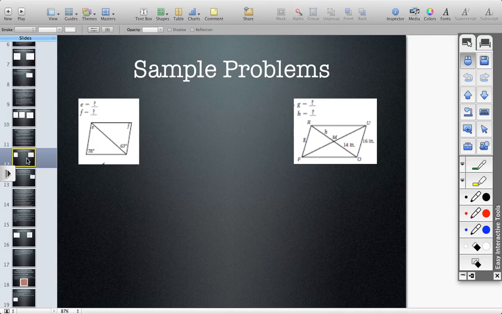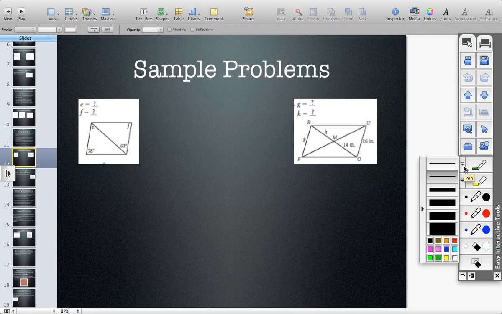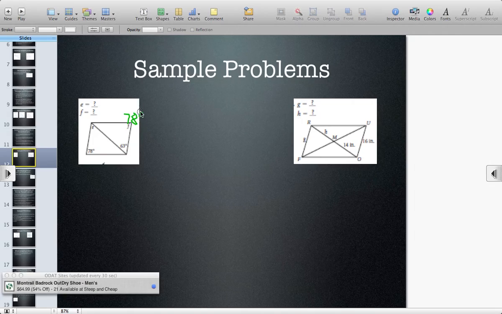All right. So the first question on the left-hand side wishes us to find the value of E and F. I'm going to go with something lovely, bright, like the green. F is pretty easy to find because it's diagonal from 78 degrees, so the measure of that would be 78 degrees.